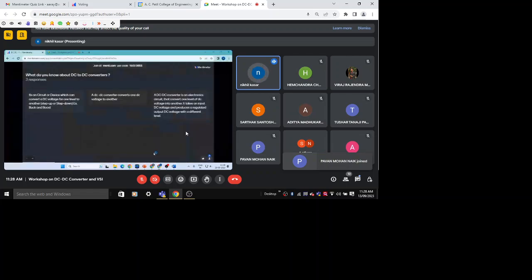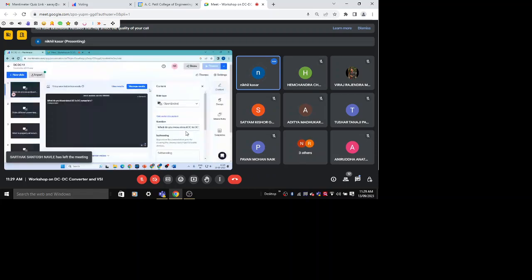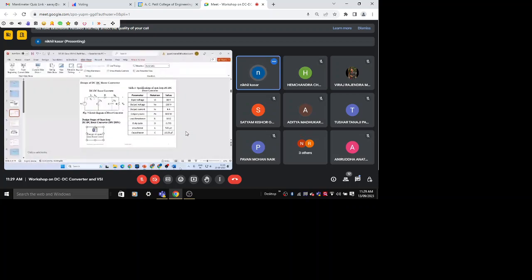Okay, we have the other point which we will discuss: an electronic circuit that converts DC to AC. Yes, good. Now we will continue our discussion of the DC-DC boost converter.